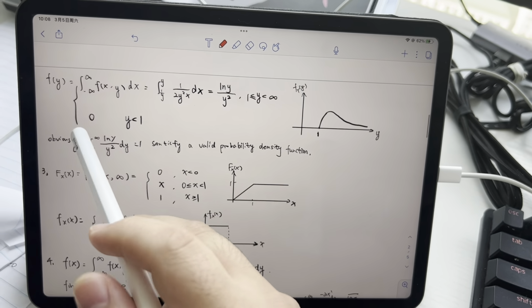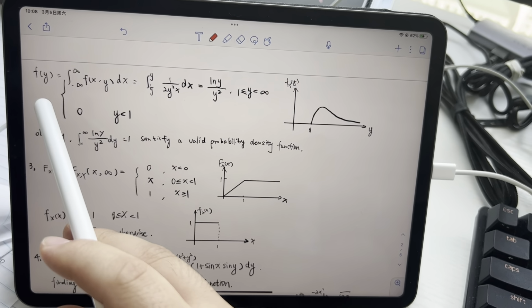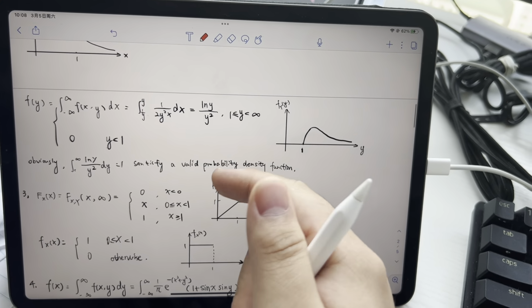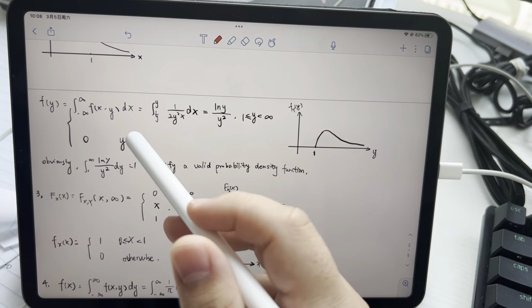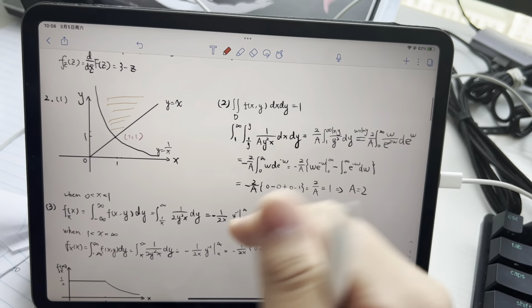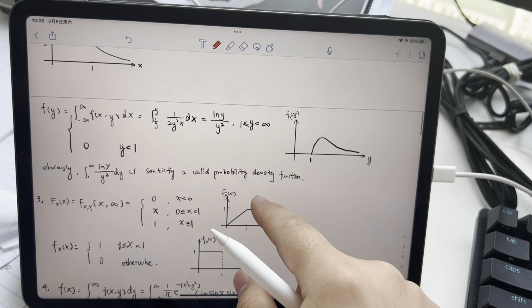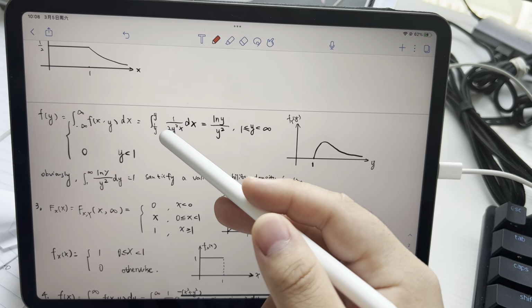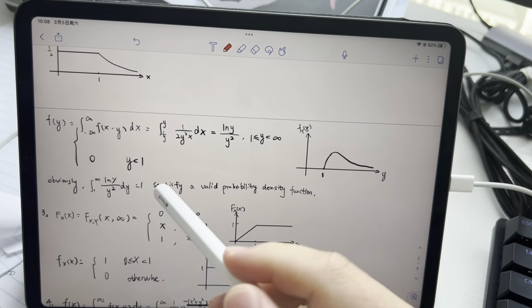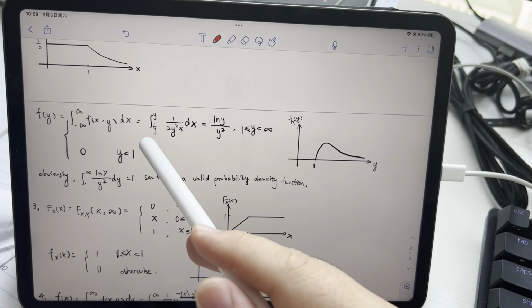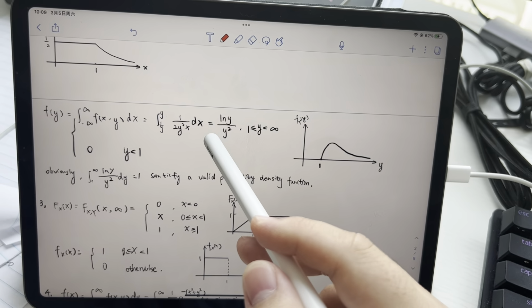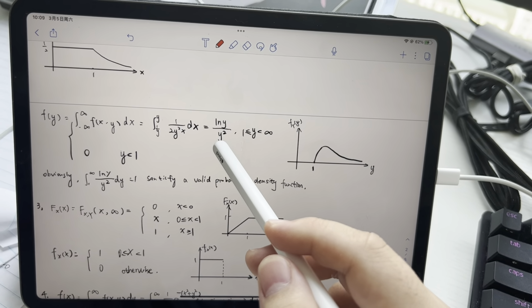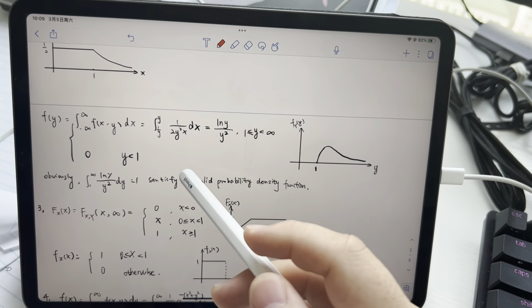And to solve the question, solve fy. From this picture we could get the upper bound of x is y, the lower bound of x is 1 divided by y. So we use the integral formula to get that it equals ln y divided by y to the power of 2.